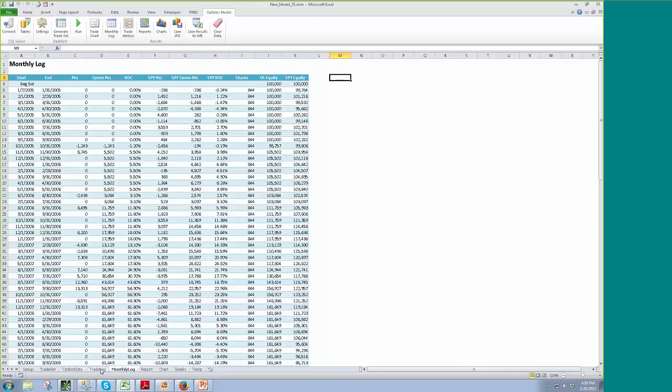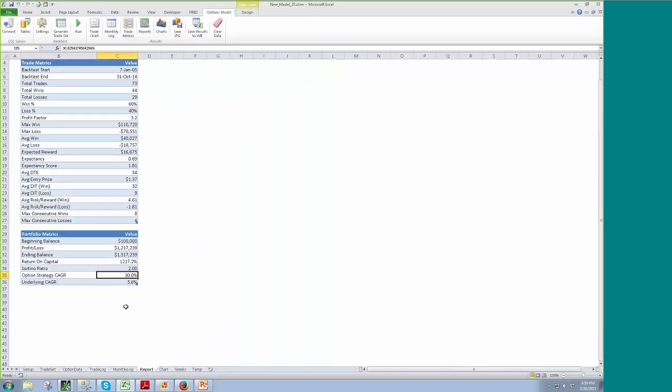Let me go back to the metrics here. The expectancy score gives you a score if you're comparing different systems that have different time frames. Let's say you're testing one system over a 3-year period, and another system over, say, an 8-month period.